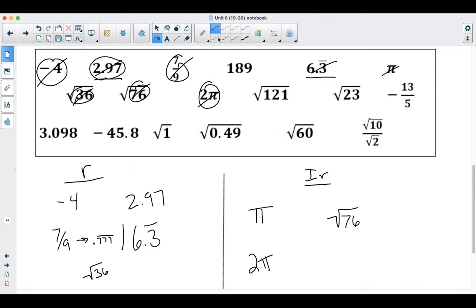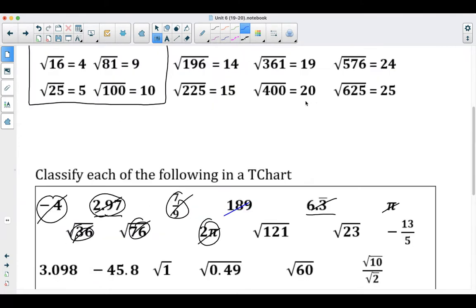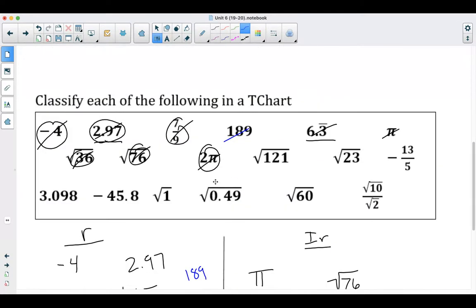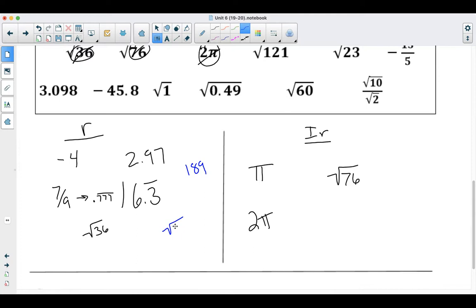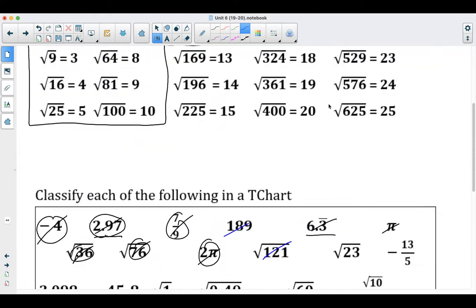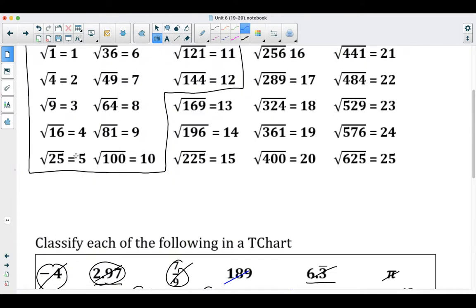Okay, let's put the rest of them in here. 189 terminates. Square root of 121, we check up here. Oh, there it is. It's 11. So that's a rational number. Square root of 23. 25, 16.